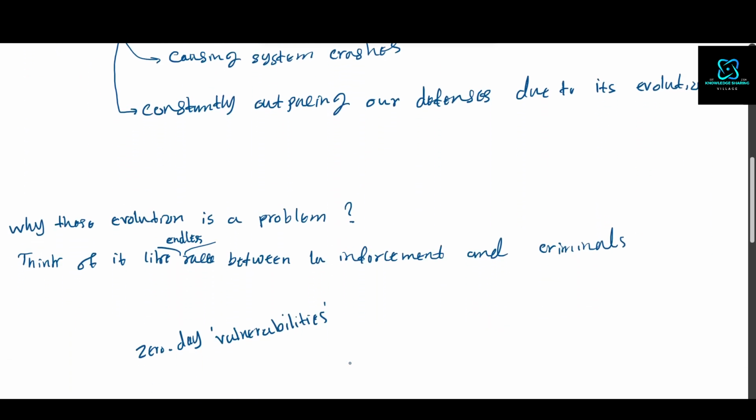We are also going to learn about that, and we will find the answer to this question: why is it a problem? Again, if we use an analogy, it is like an endless race between law enforcement and criminals.